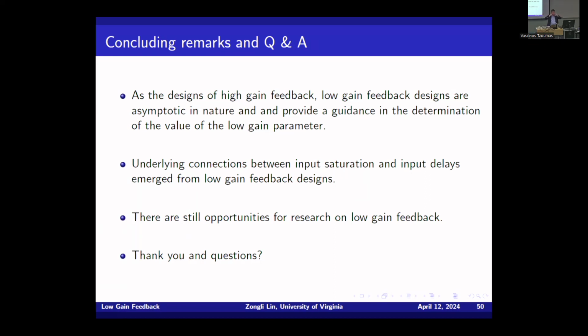Now the question here is, if the system is more general, low gain feedback wouldn't work for this, but are there any connections? Maybe some tools that were developed for saturation for general systems can be used to deal with delay for general systems, or the other way around, because the delay literature has so many tools, right? Maybe I can use that.